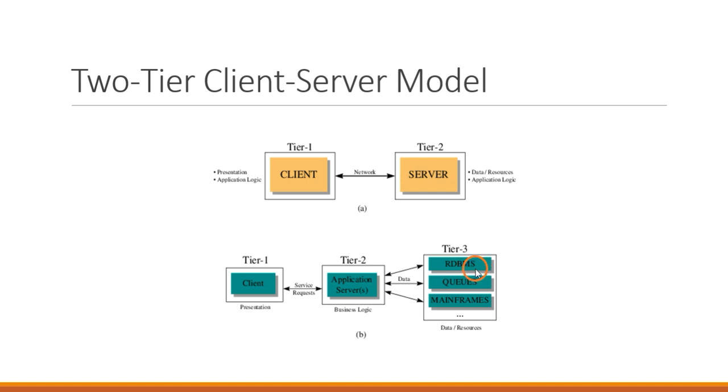Examples of DBMSs are Oracle, IBM DB2, PostgreSQL, and so on. If you are maintaining a separate server for your databases, that can be considered as tier three. In our example, we are going to demonstrate tier one and tier two, the two-tier client-server model.